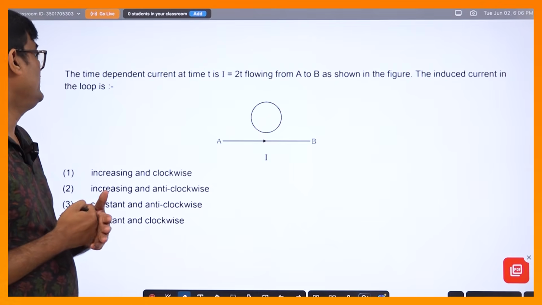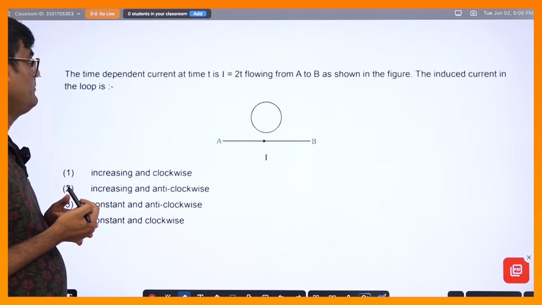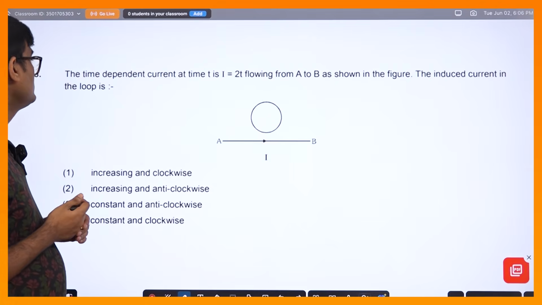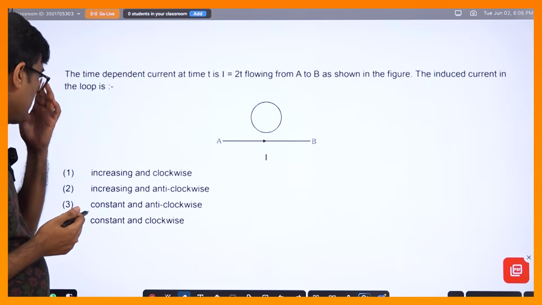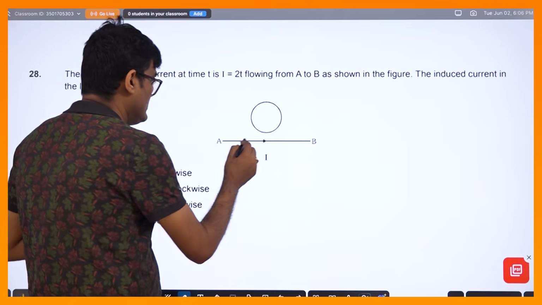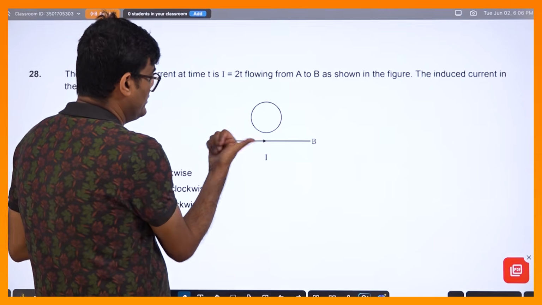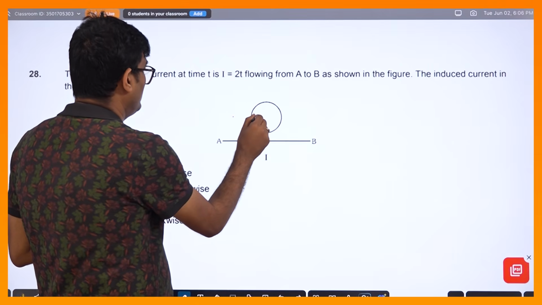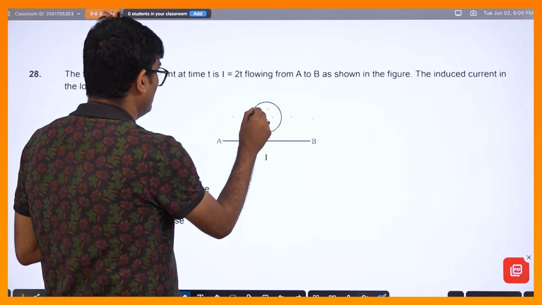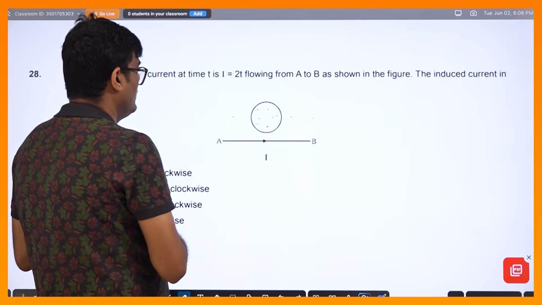Time dependent current 2t is flowing from A to B. The induced current in the loop is, so if the current is here, then the current is producing a magnetic field dot here, right?